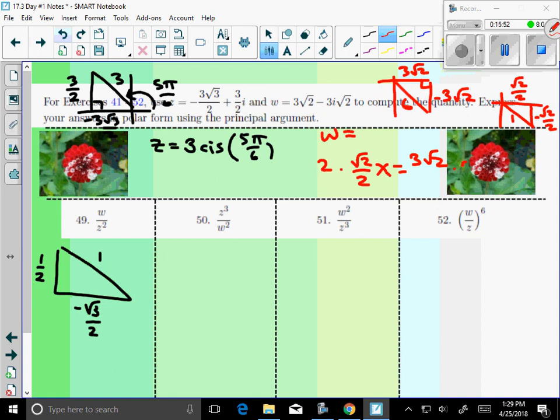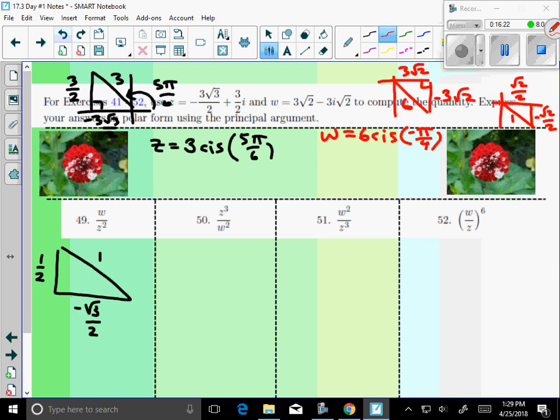Are you with me? And then divide both sides by root 2. The root 2's go away. What's 3 times 2? 6, right? I'm just looking at similar triangles. So this would be 6 cis negative pi over 4. You could do 7 pi over 4 if you want.